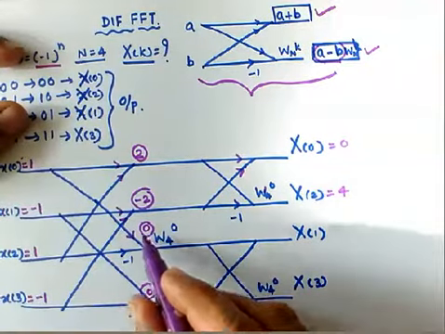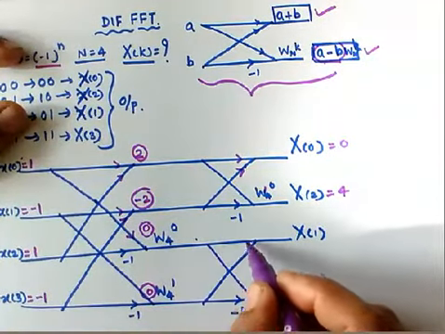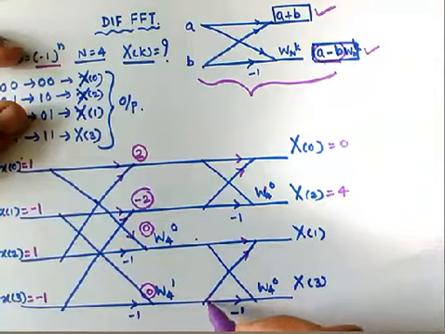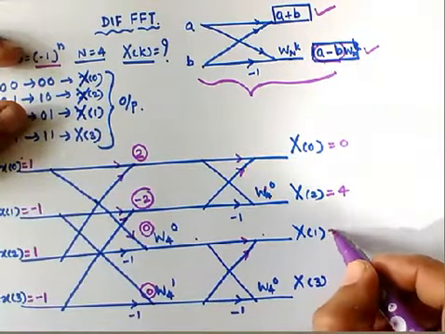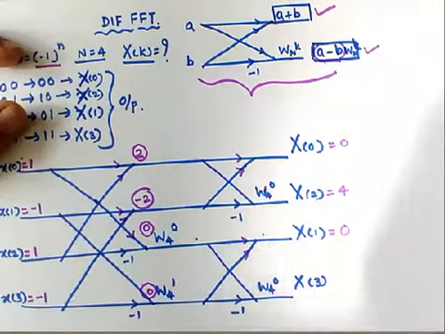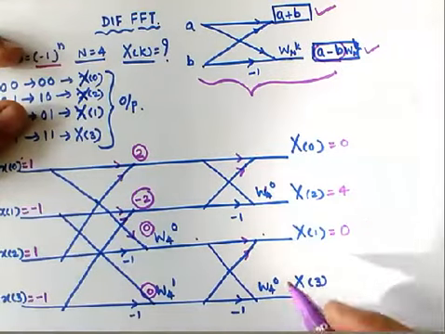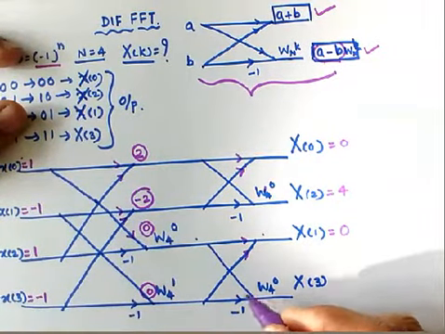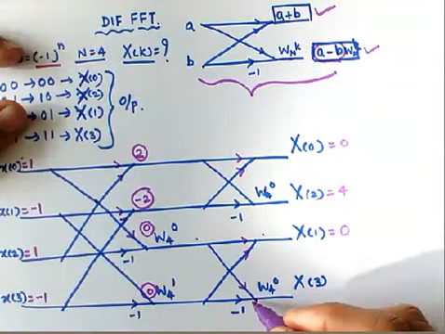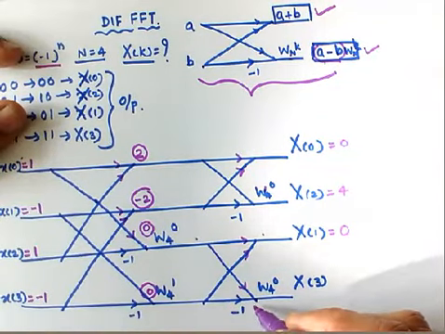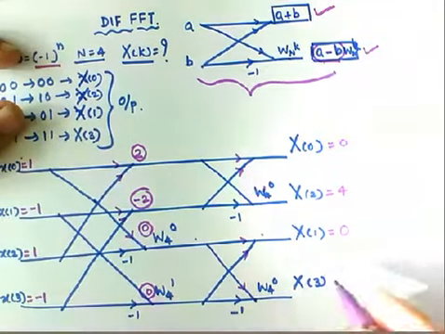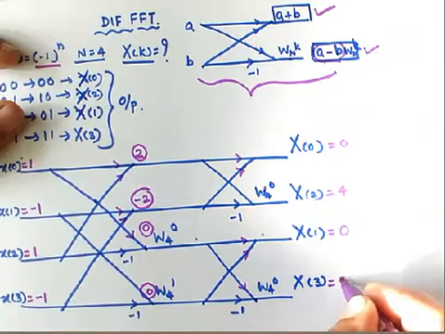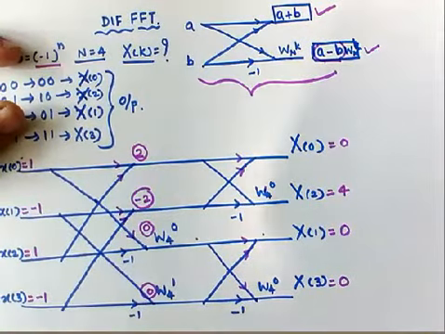Similarly here, this value is 0. 0 plus 0, so it is 0 here. At the next, it is 0 minus 0, that is 0, into W4 raised to 0 which means 1. So 0 into 1, that is 0.